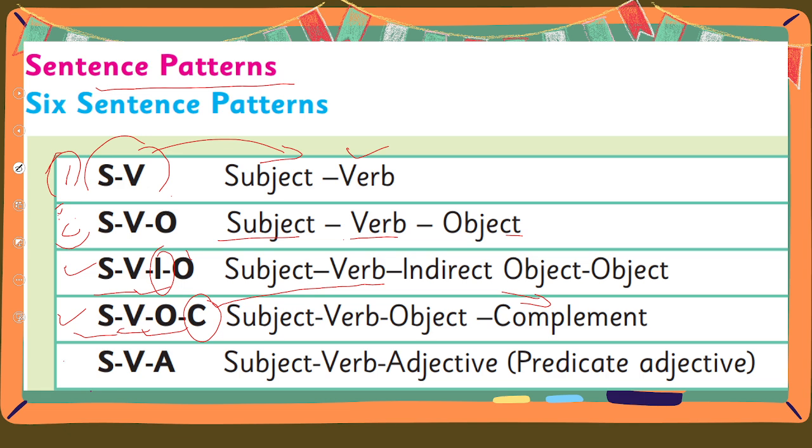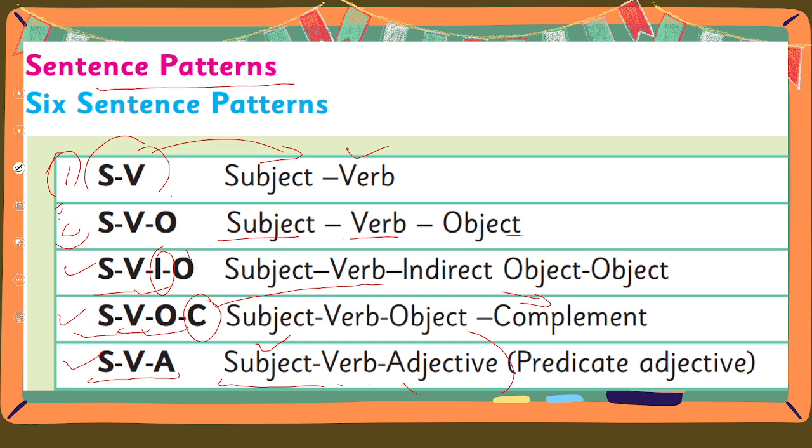Then we have SVA, which means subject, verb, and adjective. Now, adjective, we know it's a part of speech that actually modifies our subject, our noun or pronoun.